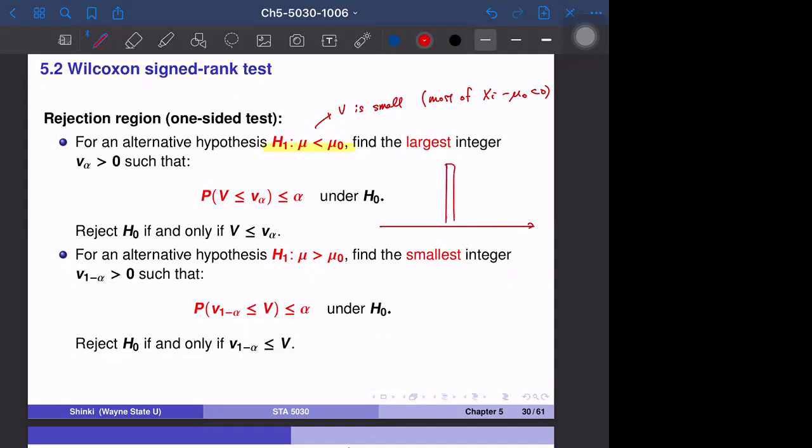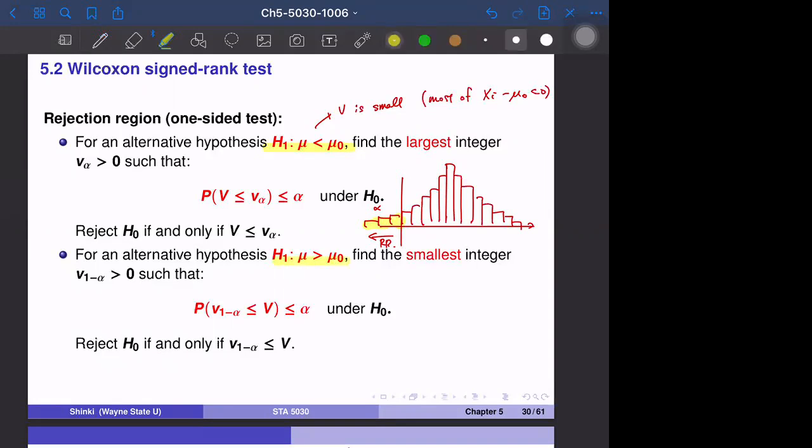So if we have the distribution of V, that should be symmetric. We reject only for small V, so this side, and this is area alpha. This is the rejection region. If the alternative is mu is larger than mu naught, it is the other way around.